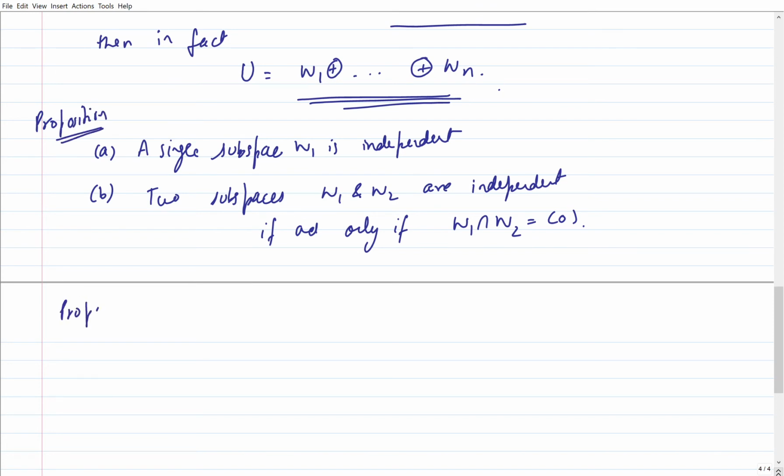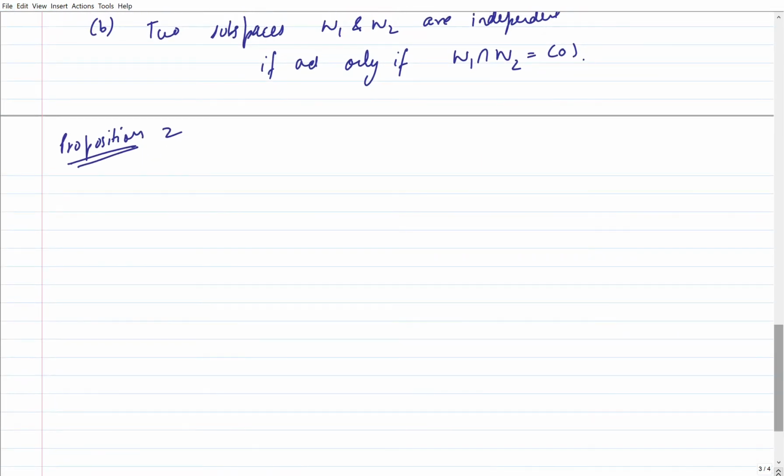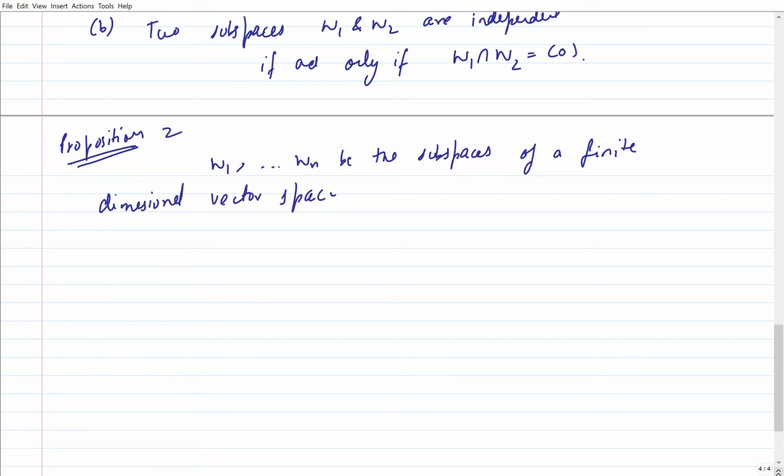And proposition 2 is: if W1, ..., Wn are subspaces of a finite dimensional vector space V, and I have a basis, so Bi is the basis for Wi, and so on and so forth.